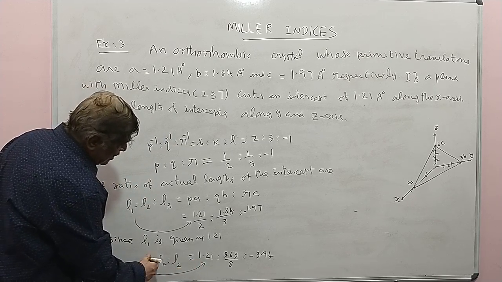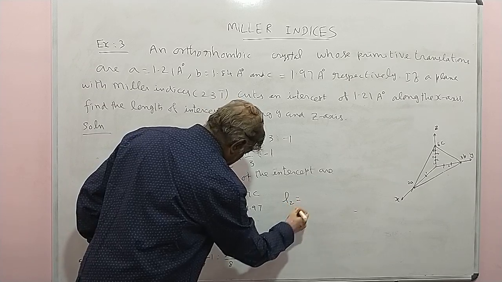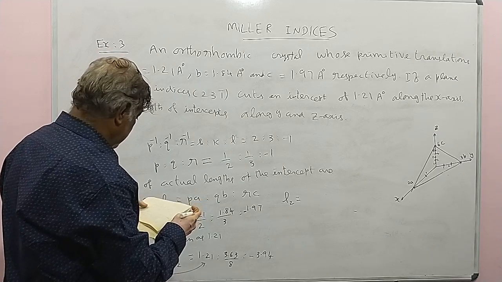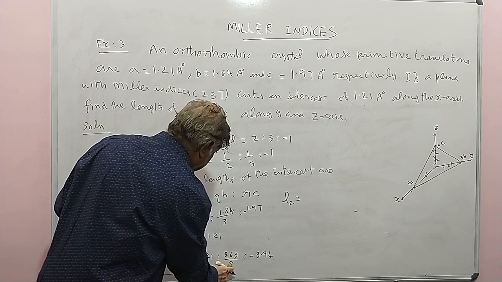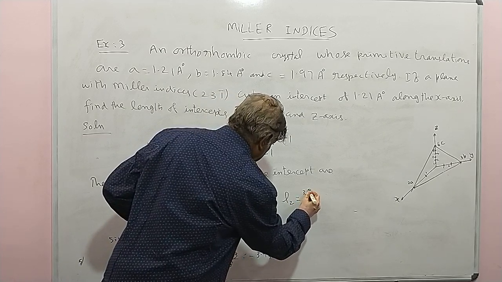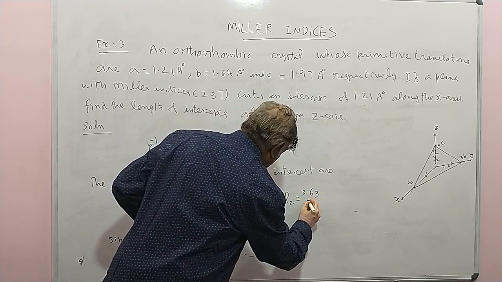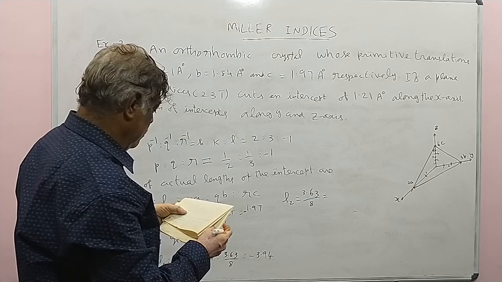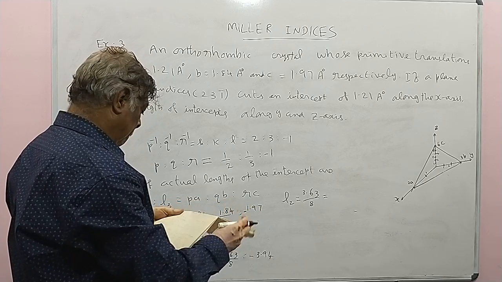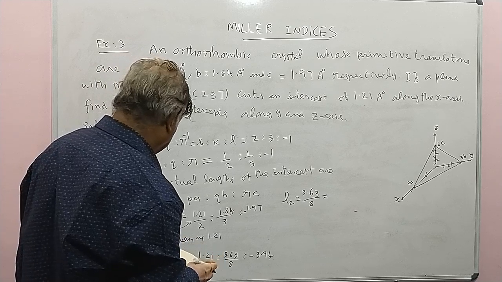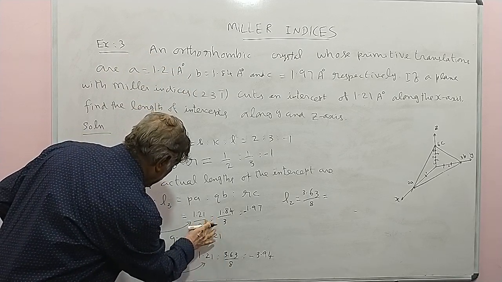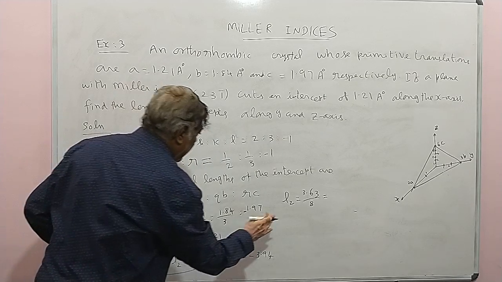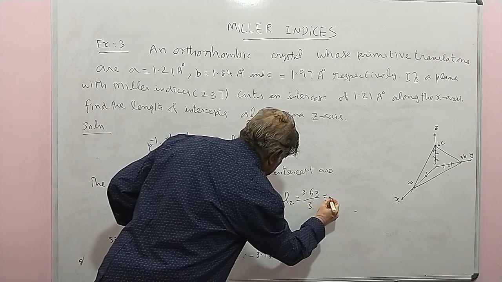Once you do this, you can do the calculation very easily, because L1 corresponds to 1.21 angstrom unit. What is L2? L2 must be 3.63 by 3, which is 1.21.